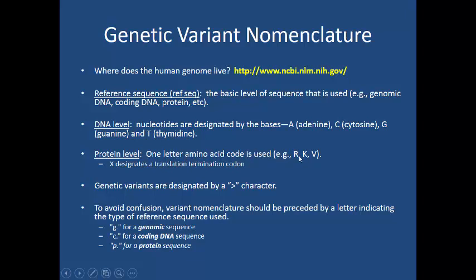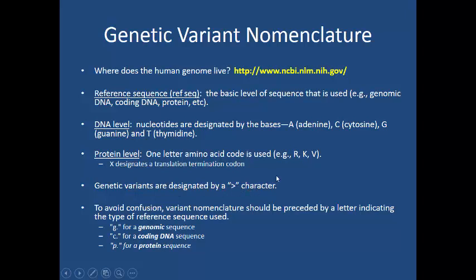For example, arginine, I think K is lysine, and V for valine. You might see an X, which designates a translation termination codon. Genetic variants are designated by this greater than or caret character.